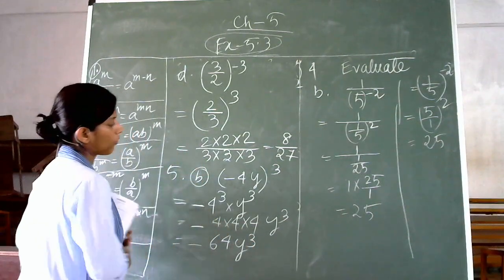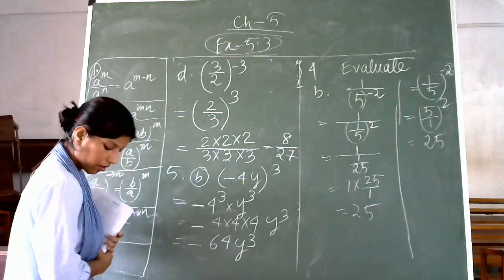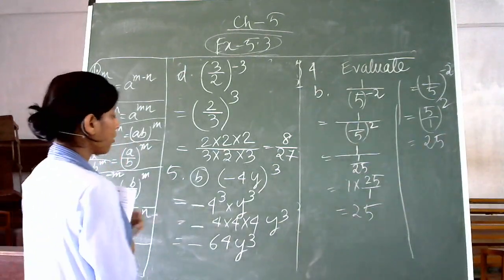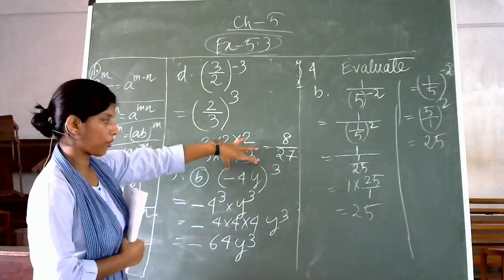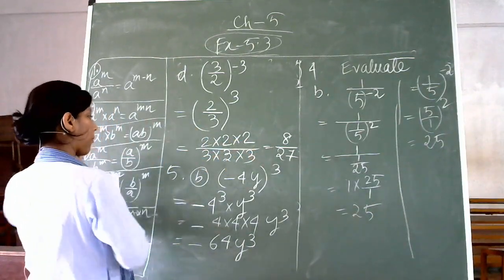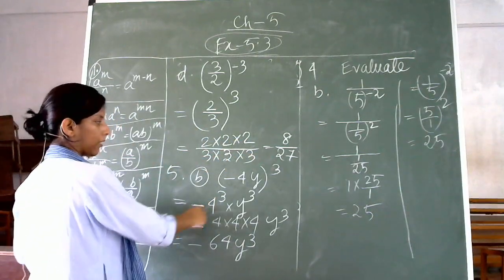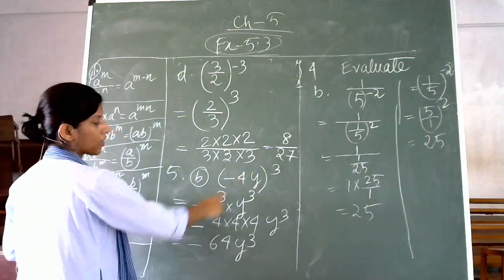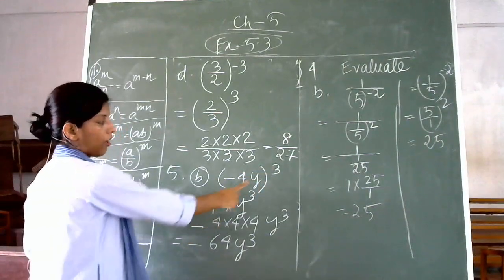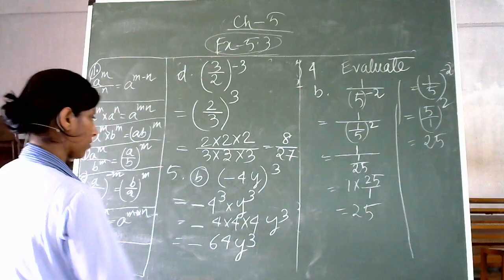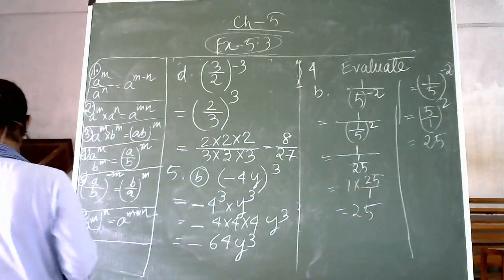Okay, so how do you do it? First of all, in such types, you have to remove the bracket. How do you remove the bracket? Whatever that power is, you have to multiply. Minus to the power 3 is minus, 4 to the power 3, I have written the same, y to the power 3 the same. And then the next calculation is easy to understand.